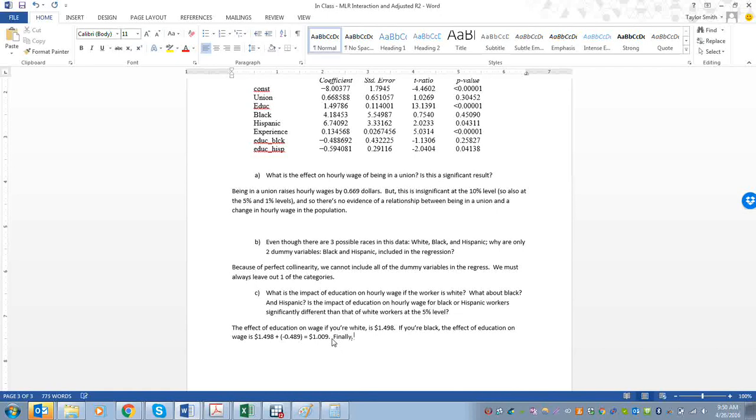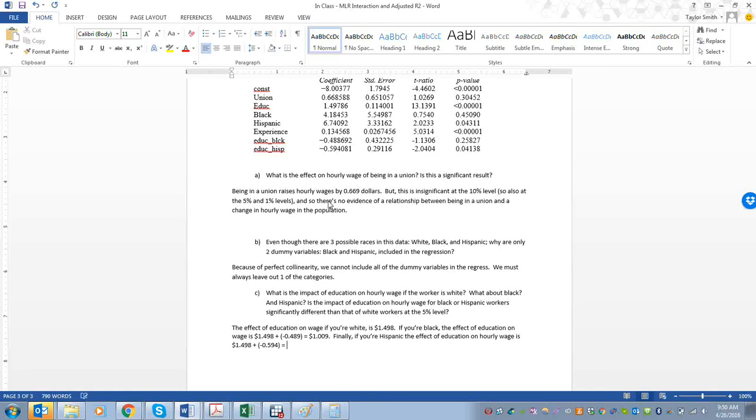Finally, if you're Hispanic, the effect of education on hourly wage is that main education 1.498 plus the extra effect for Hispanic, which is negative 0.594.